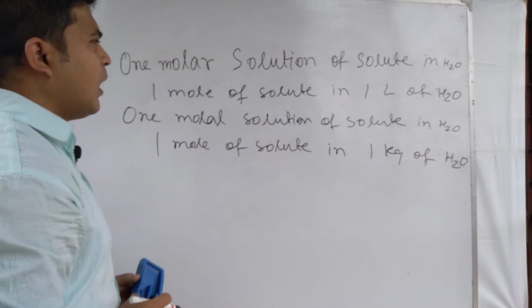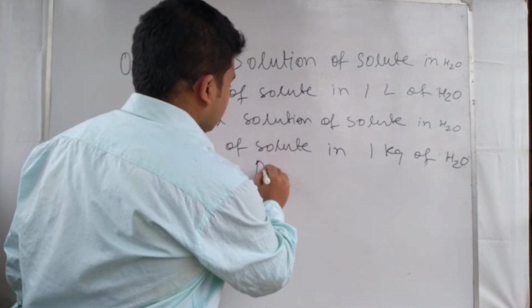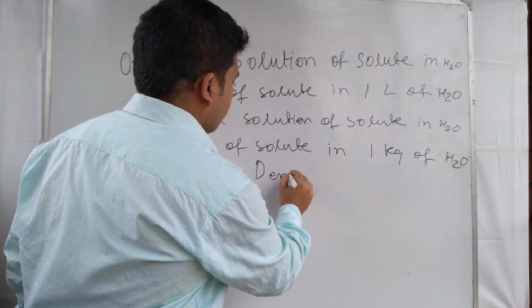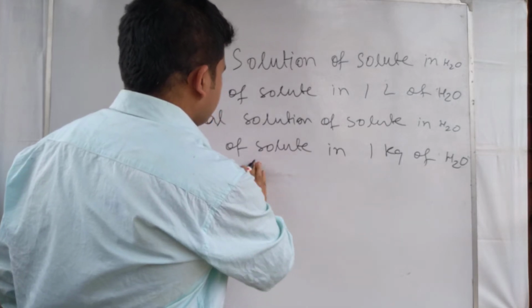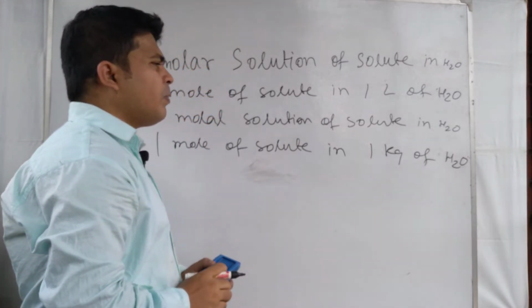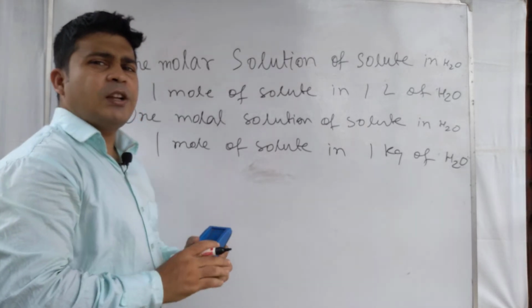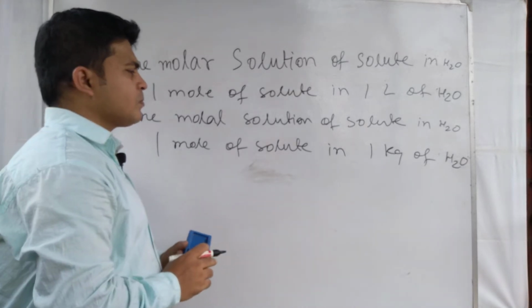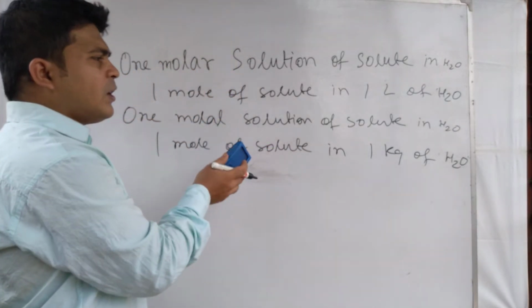And at room temperature, the density of water is slightly lesser than 1. So you understand this point.